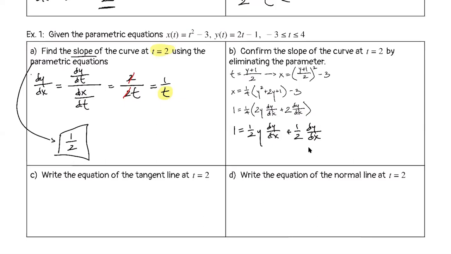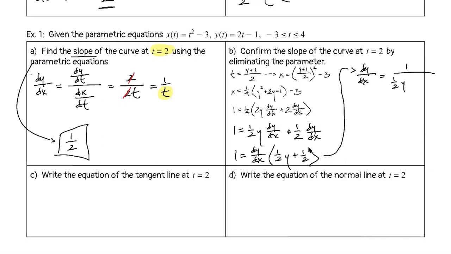And so I can factor out that dy/dx, okay? And so that's going to give me 1 equals dy/dx times (1/2 y plus 1/2). And I'm going to divide both sides by that (1/2 y plus 1/2). And so I'm going to get dy/dx equals 1 over (1/2 y plus 1/2).